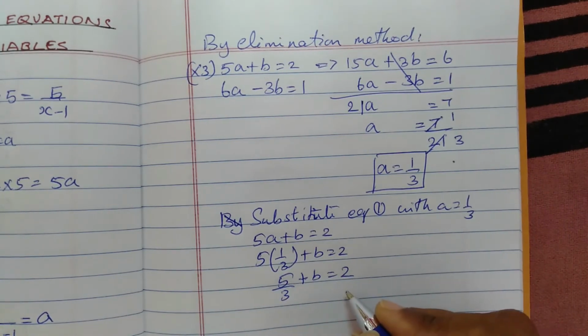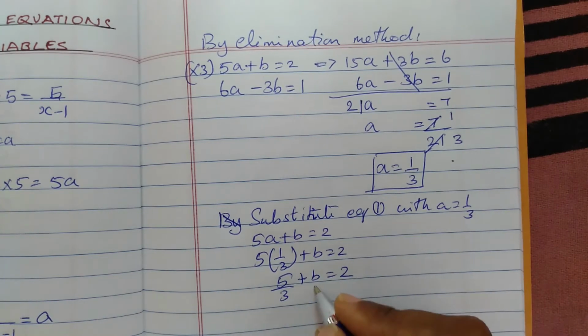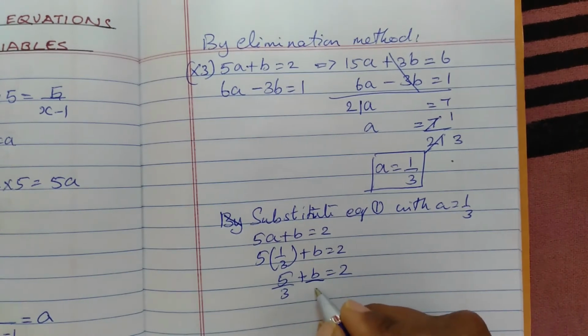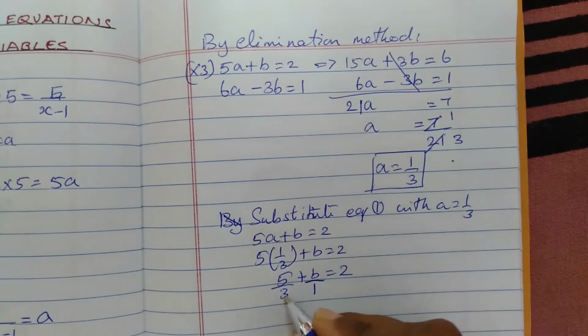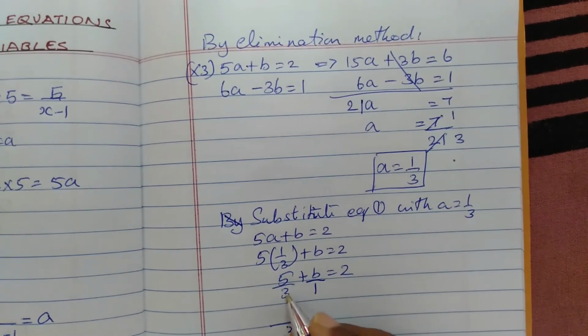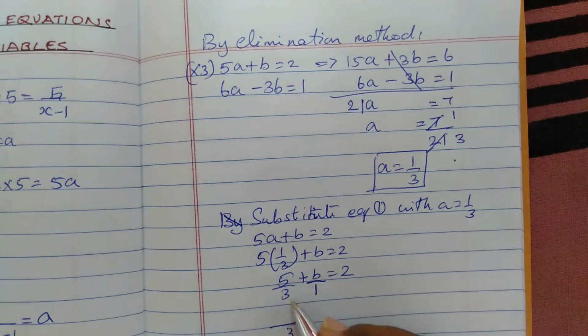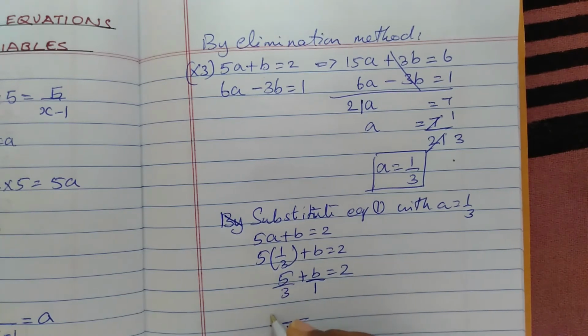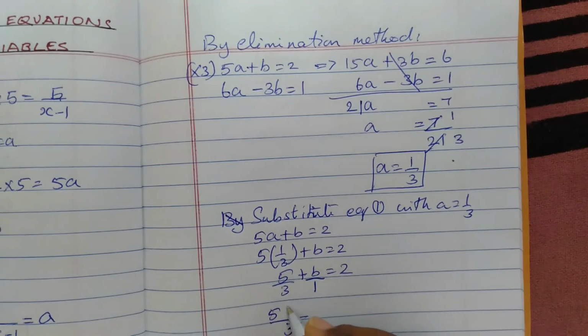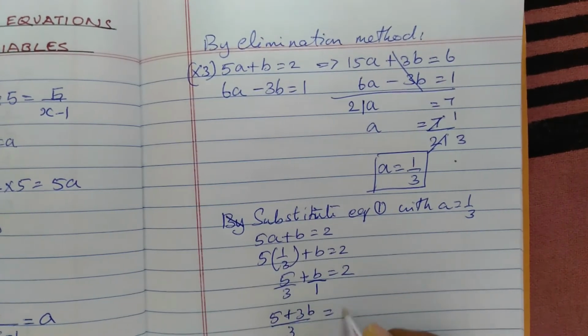We have to get rid of this. So for that we have to find the LCM, or we have to find a common denominator. So we will write by 1 here. So now our LCM will be 3. So 3 1s are 3. So 1 into 5 will give you 5. And then 1 3s are 3. So 3 into b will give you 3b is equal to 2.